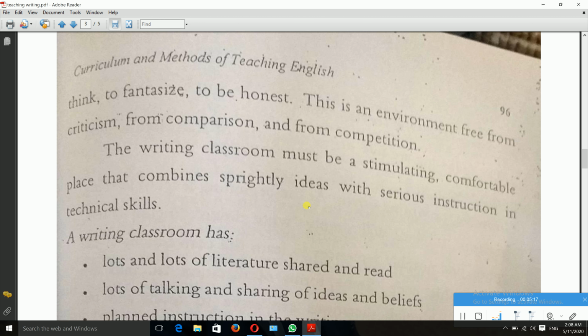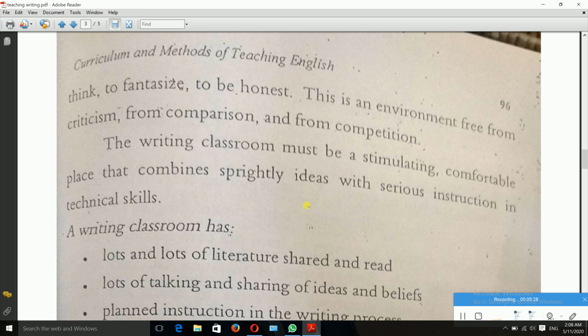The writing classroom must be stimulating، يعني يجب أن تكون هناك دافعية وحافز. A comfortable place ومكان مريح that combines bright ideas with serious technical skills.